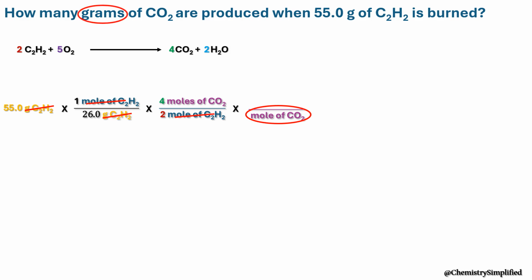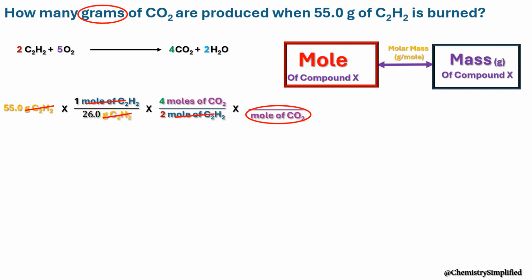We're looking for grams of carbon dioxide. So the conversion factor says to move from moles to mass, we need to use the molar mass. So we need to find the molar mass of carbon dioxide.